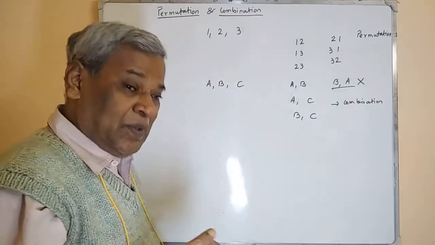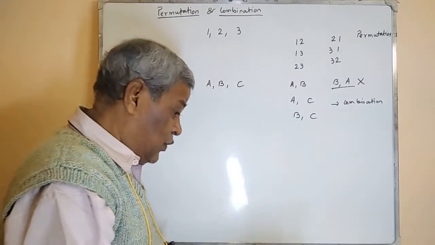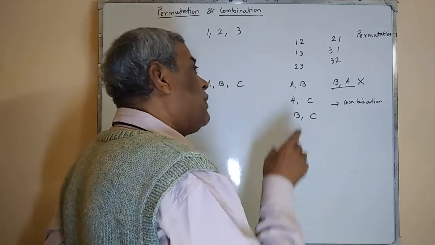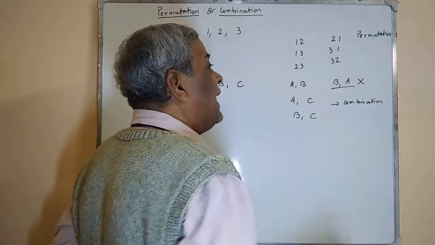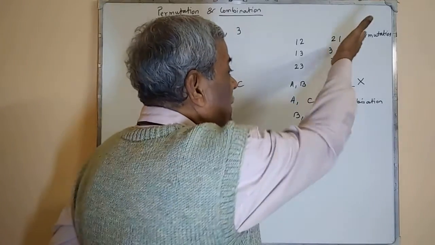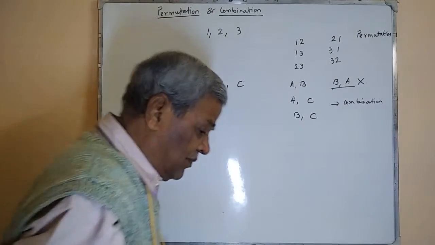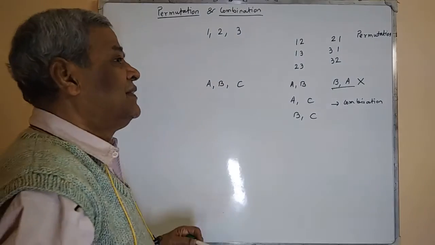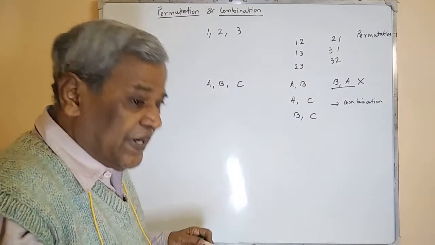So whenever you get a question, most of the times you can very easily identify whether it is a permutation or a combination problem. After that, the formula or technique is ready.